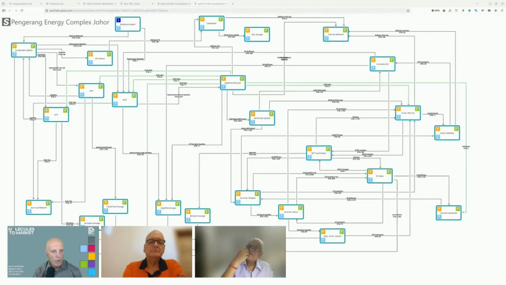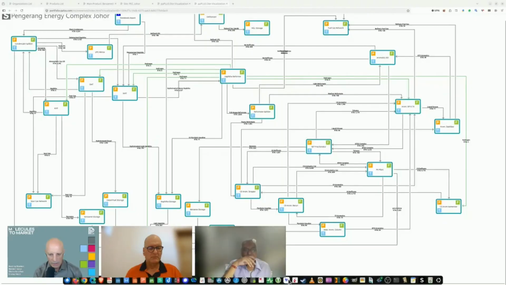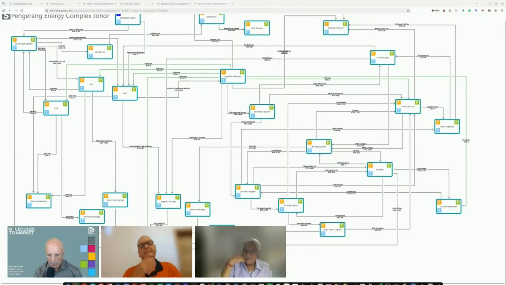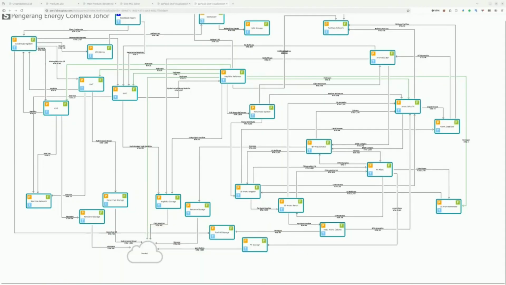This is an overall complex where we have generated a very precise model, with all the units presented as boxes and all the product streams moving to and from these boxes down to the market. Let me show it, and I can of course increase the size.